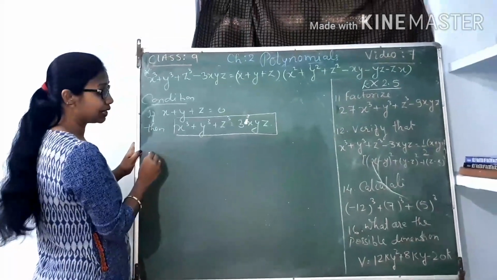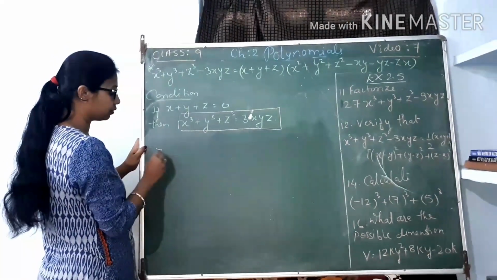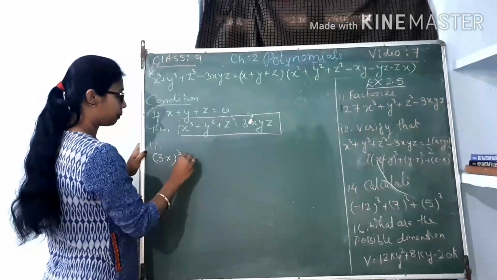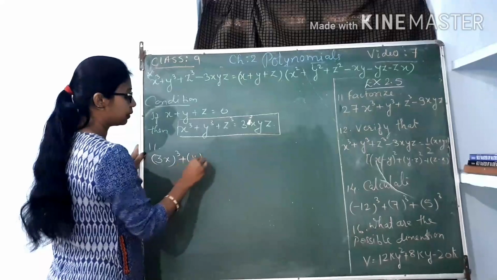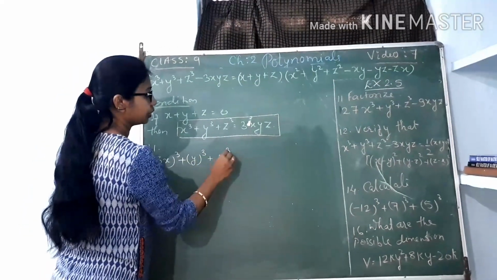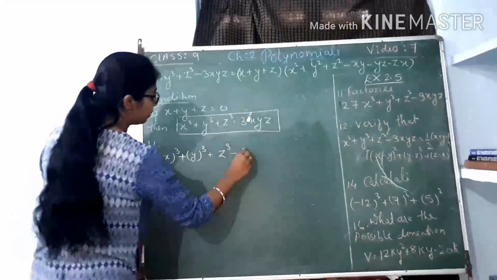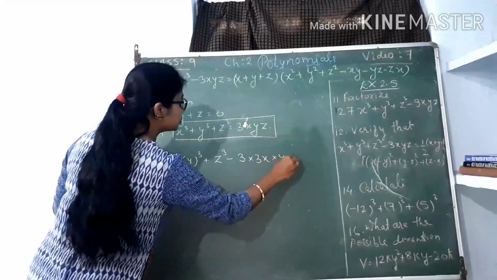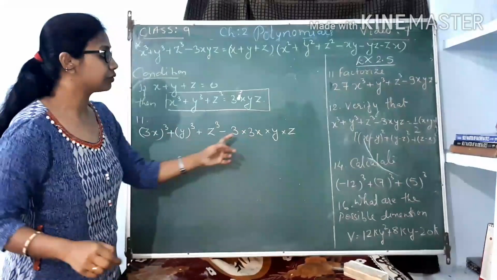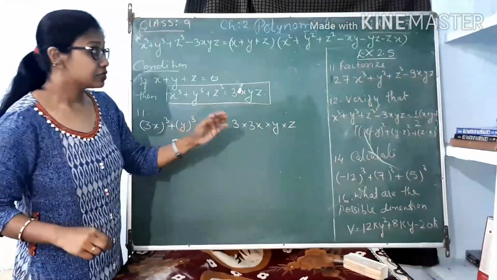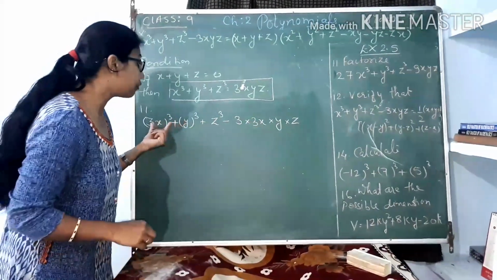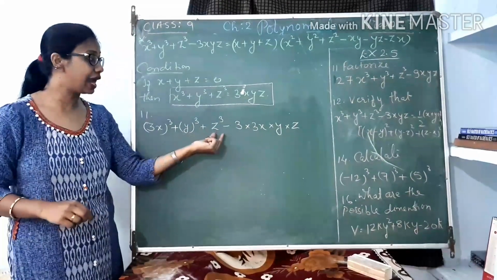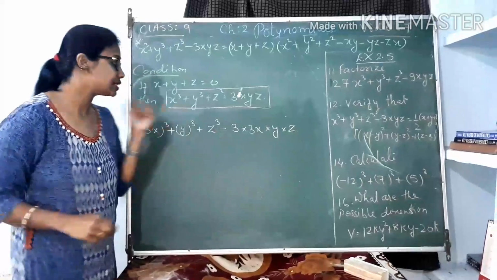In place of 27x cube, we can write down 3x whole cube plus y cube plus z cube minus 3 into 3x into y into z. So 3 into 3 is 9xyz. So what is your value of x? It is 3x, b is your y, and this last one, z, is z.